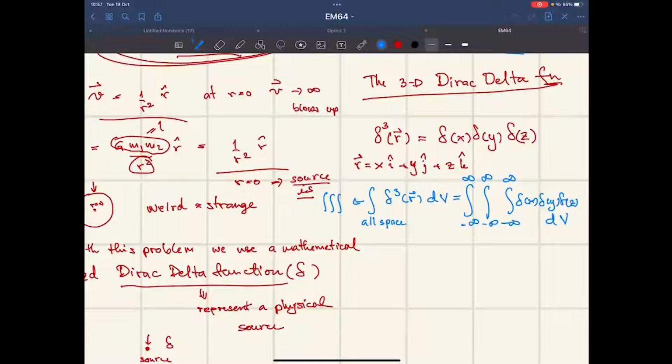And what is dV here? dV is just dx dy dz. Would anyone want to guess how much that would be? What is the result of this integration?